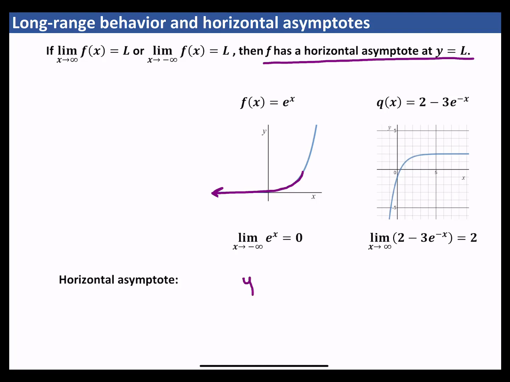So we could say e to the x has a horizontal asymptote of y equals 0. And since the limit of 2 minus 3e raised to the negative x as x increased without bound equaled 2, we can say that q of x has a horizontal asymptote of y equals 2.